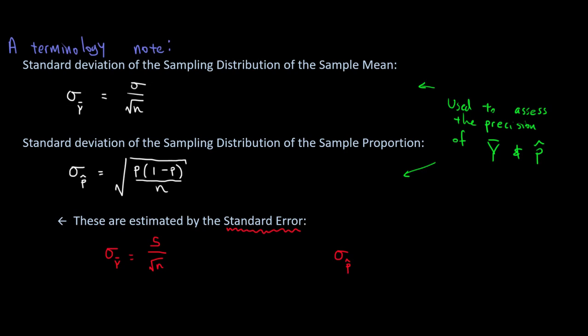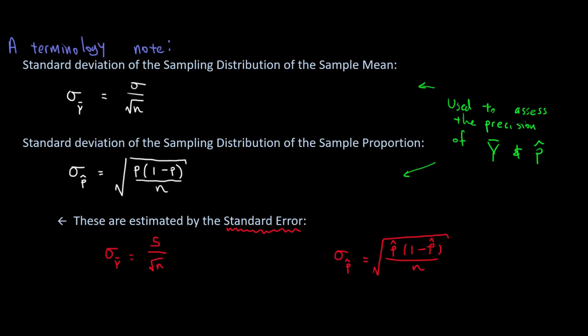And then the standard error that estimates the standard deviation for the sample proportion sampling distribution is computed using the sample proportion instead of the population proportion.